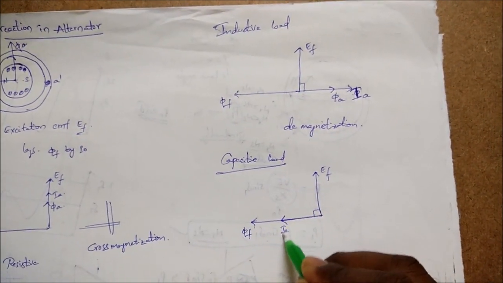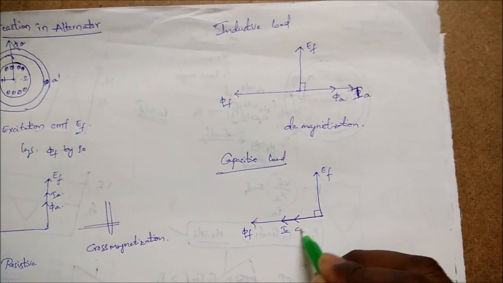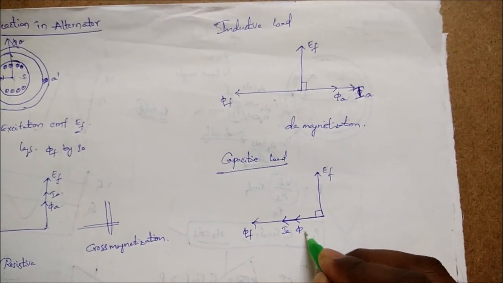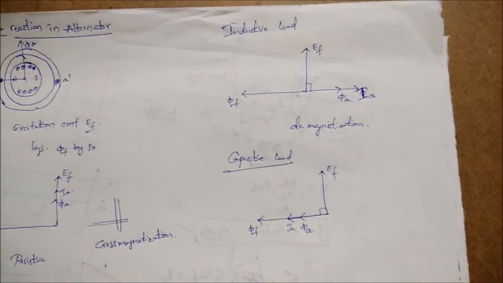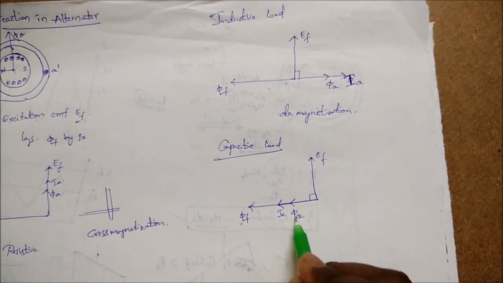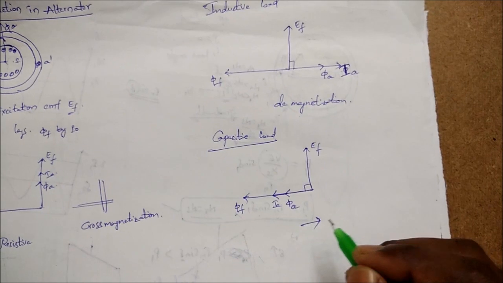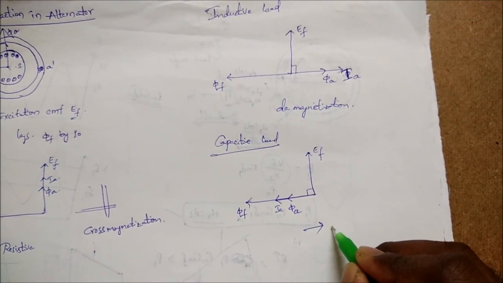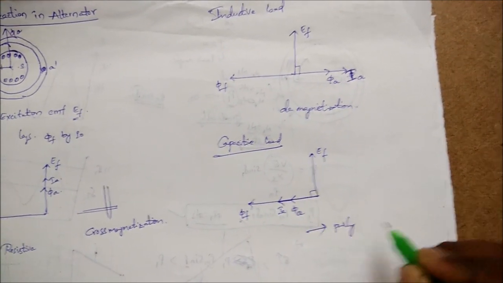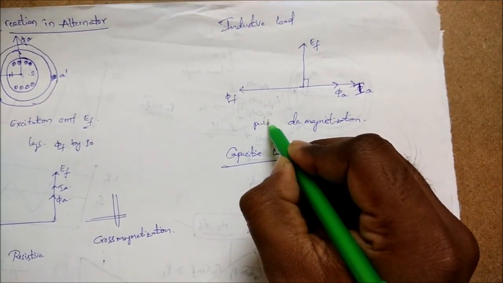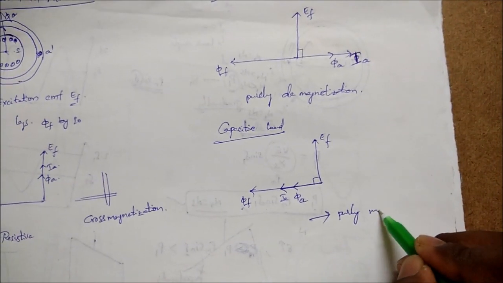As IA is in this direction, the flux produced by this IA, that is phi A, is also in the same direction. Therefore, these two are in the same direction, and the nature of armature reaction is called purely magnetization. This is purely demagnetization and this is purely magnetization.